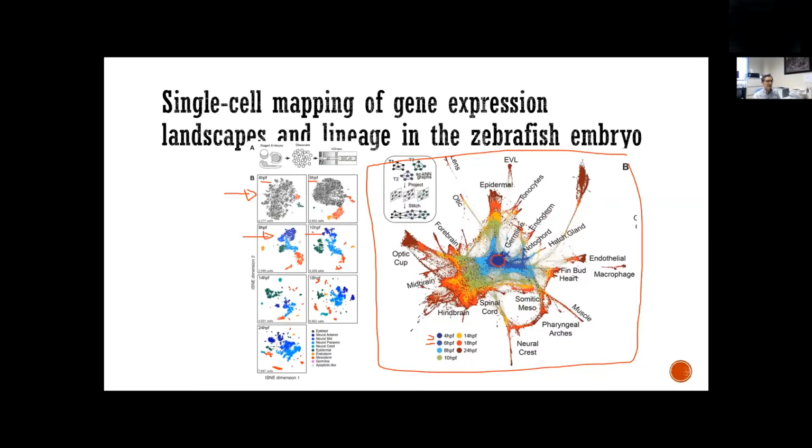You start to see neural crest. Once you reach 24 hours, you start to see mature muscle cells. It wasn't there at only 10 hours or 8 hours. By superimposing all this information together, you start to reconstruct a dynamic picture of cell differentiation through fertilization and development of embryos.